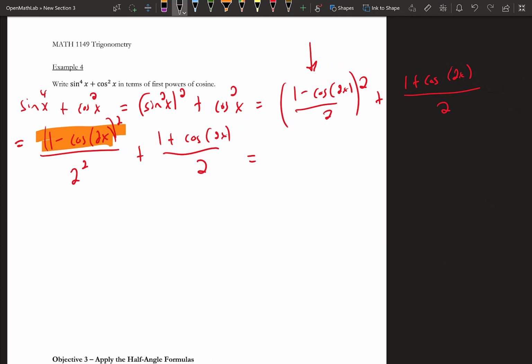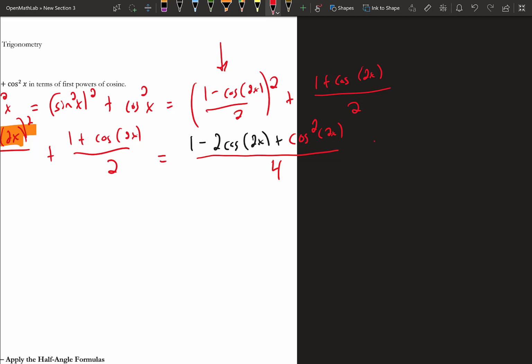So what I have now is 1 minus 2 cosine of 2x plus cosine squared of 2x all over 4, because 2 squared.